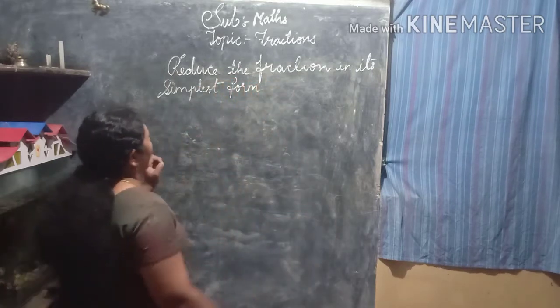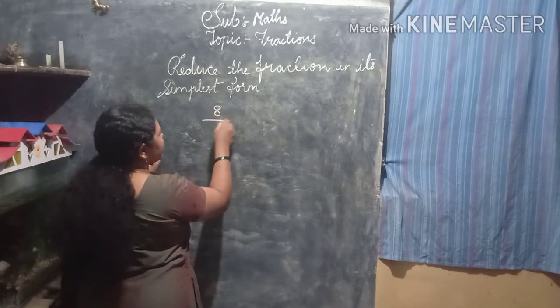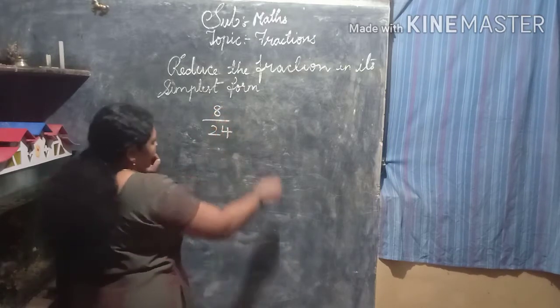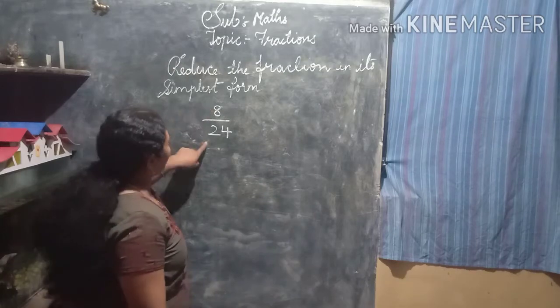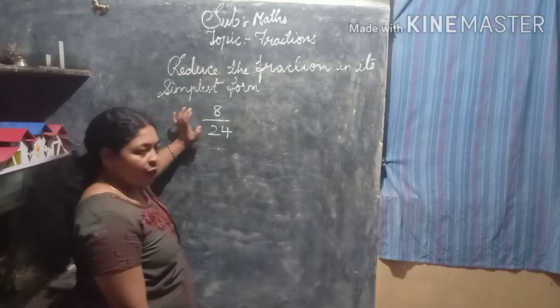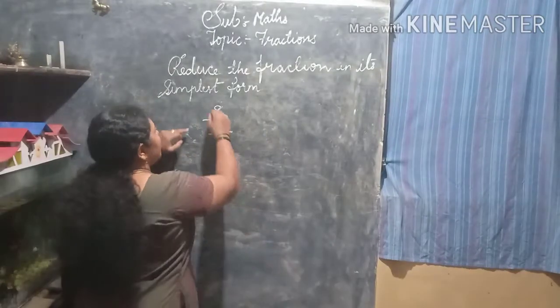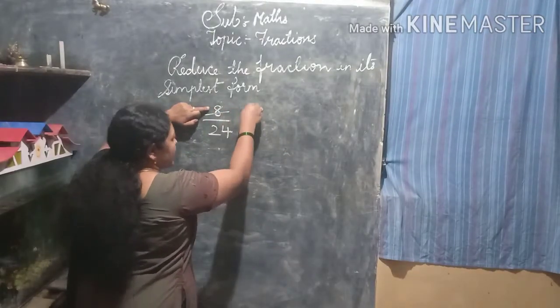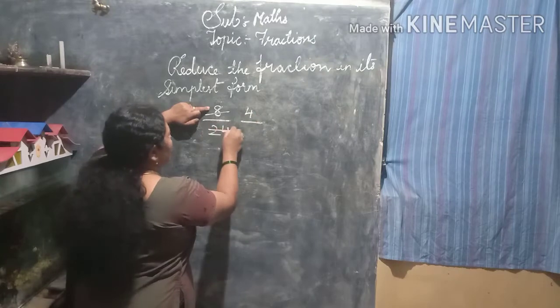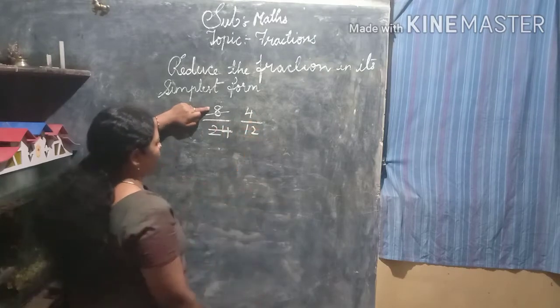Now, as we said, let us take 8 by 24. Let us start with the 2 times table itself. 2 4s are 8, 2 12s are 24.